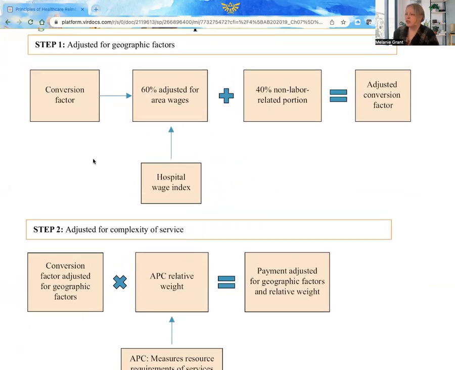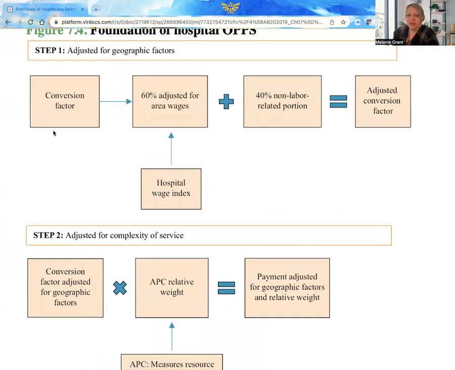The conversion factor will identify the amount that's payable for that service. So that's your fee schedule amount. And then from the conversion factor, we're going to look at the adjusted amount or percentage for the area and wages, as well as the non-labor related portion. At the end, based off of where you're at and what type of facility you have, you'll have what's called an adjusted conversion factor.